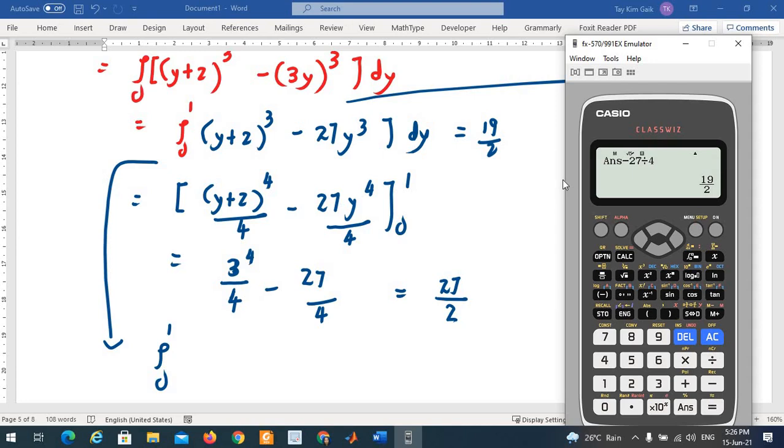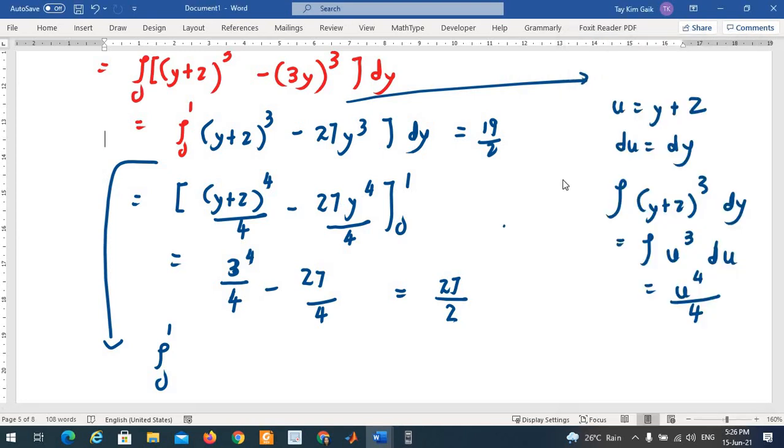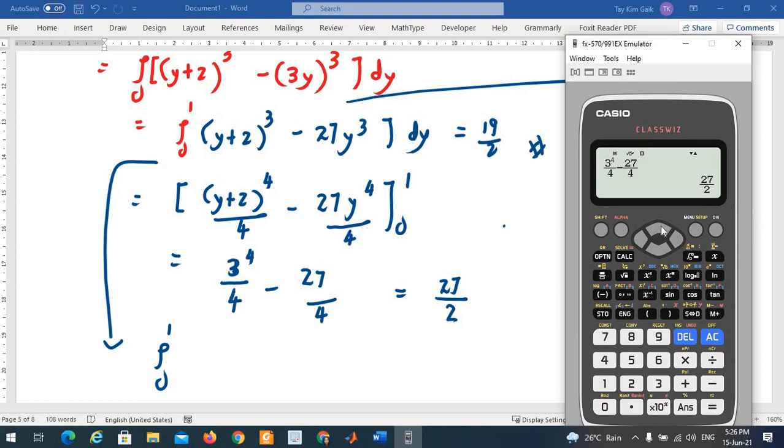This integral. Okay, I'm going to check the first integral. If I expand it, oh, I know what the mistake is here. This result is correct, but the correct answer is by the calculator. Okay, using the calculator, 19 over 2 is the correct answer.